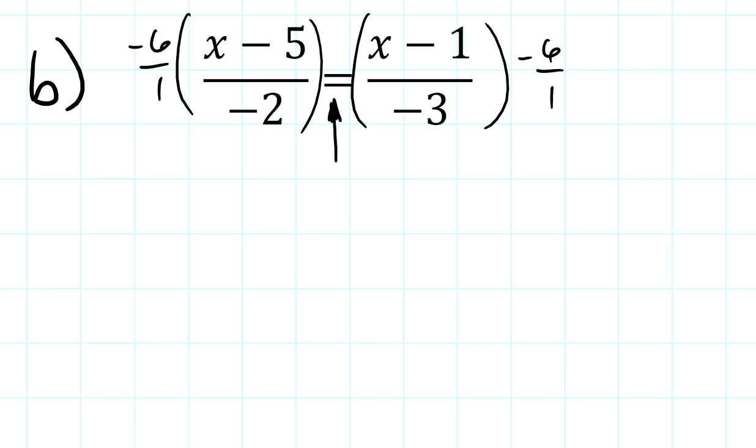To help you see this, I'm taking this negative 6 and dividing it by negative 2. When I do that, I get a positive 3. So I end up getting 3 times the quantity of x minus 5. On the other side, I've got this negative 6, and I'm going to divide that by this negative 3. Negative 6 divided by negative 3 is positive 2.